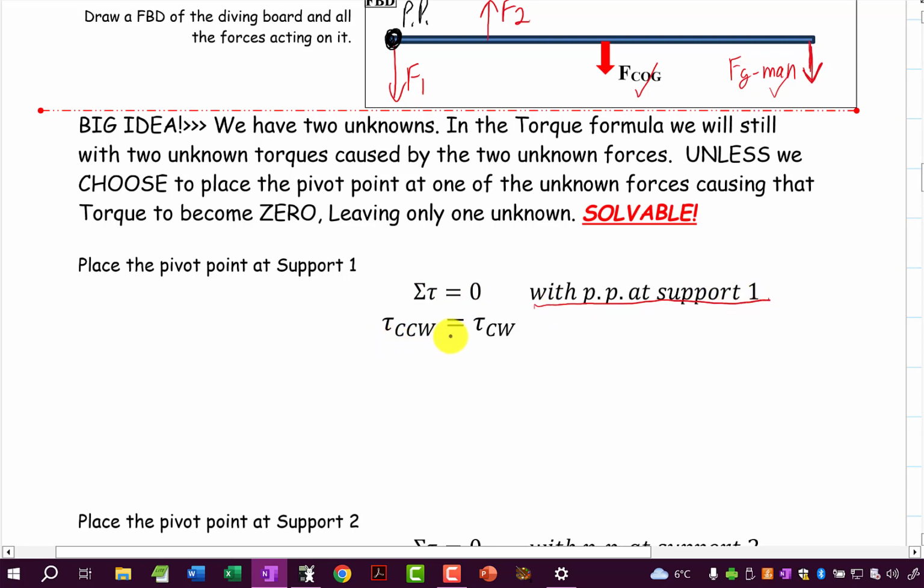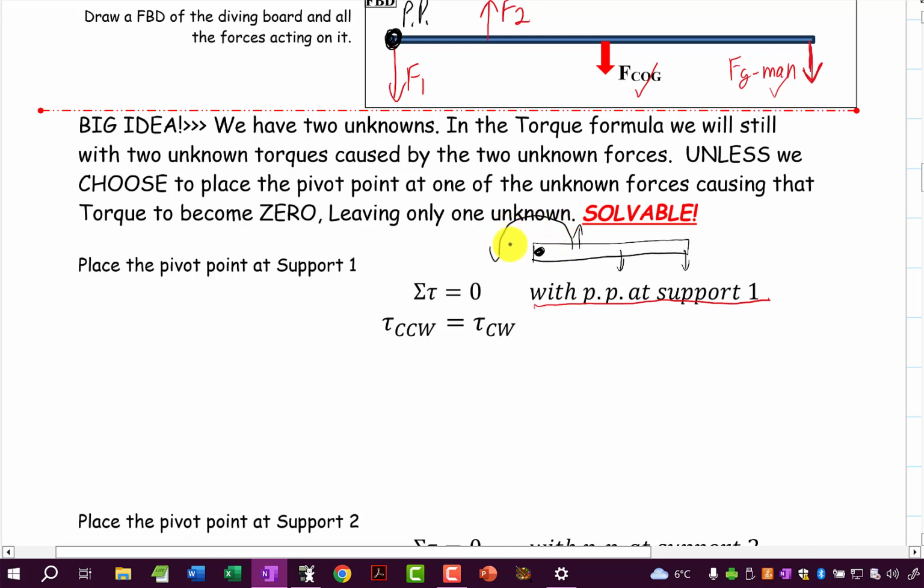That means the torques counterclockwise have to equal the torques clockwise. Remember the beam was like this, and we had force, force, force, and now there's a pivot point there.